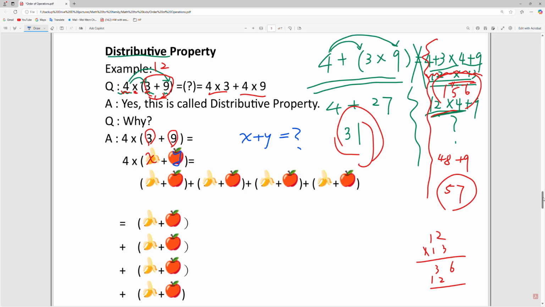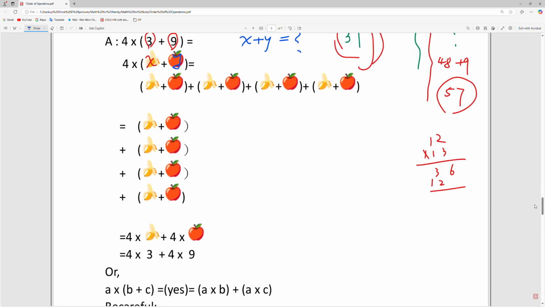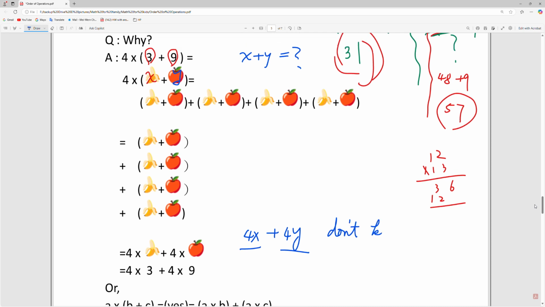You calculate x. You want to see how many x there are and how many y there are. So you can see that in the end, you have 4x plus 4y. And how you plus x and y, I don't know. If you don't know, then you stop.